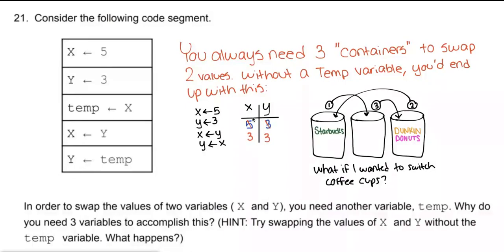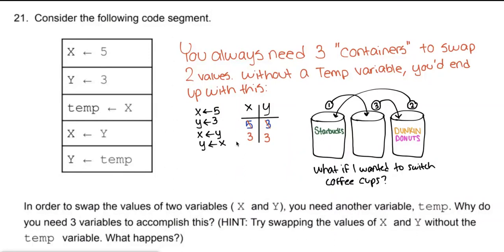So if that happens, one of the values disappears. So x is 5, y is 3, then x is stored as y, so now x becomes 3. So now the 5 is gone. So now x is 3, and then y just turns into 3 all over again with that last line of code.